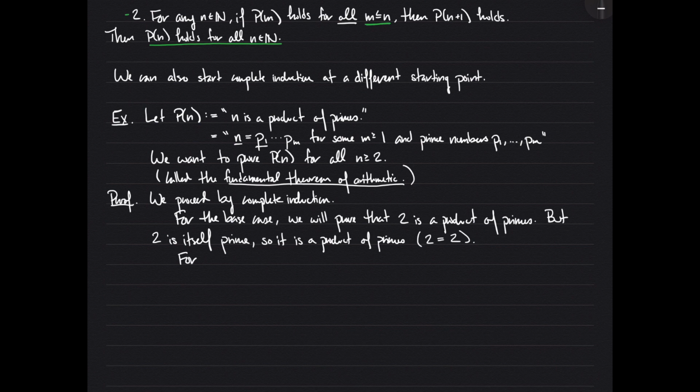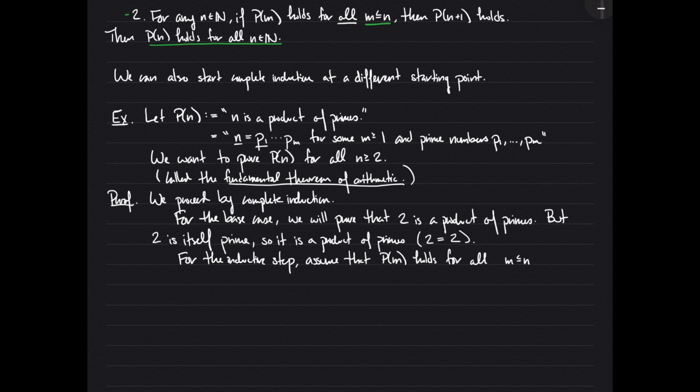Okay, so for the inductive step, we're going to use complete induction, and it'll be clear why once we get into it. So for the inductive step, we're going to assume that P of m holds for all m less than or equal to n.